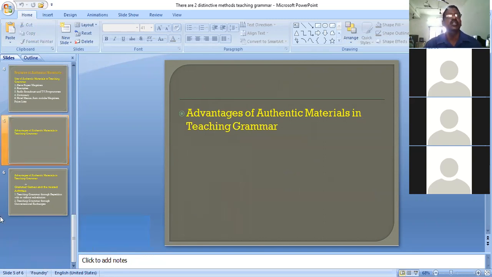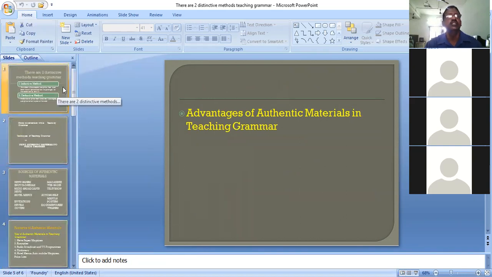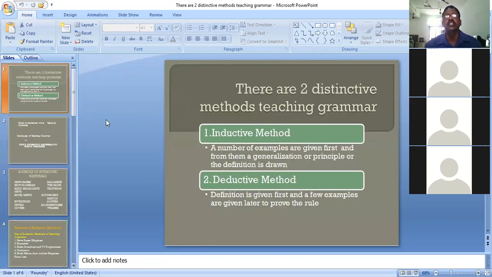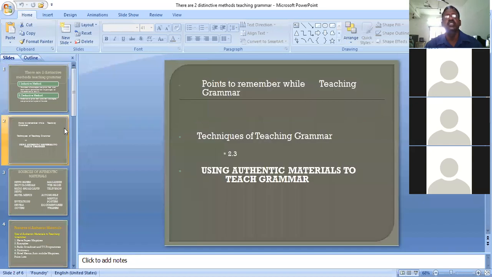Today I taught two distinctive methods of teaching grammar. One is the inductive method and the other is the deductive method. And I also said points to remember while teaching grammar. Then next, techniques of teaching grammar and using authentic materials to teach grammar.